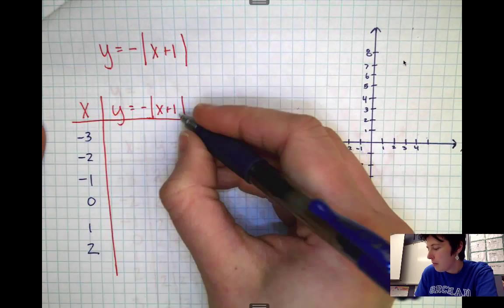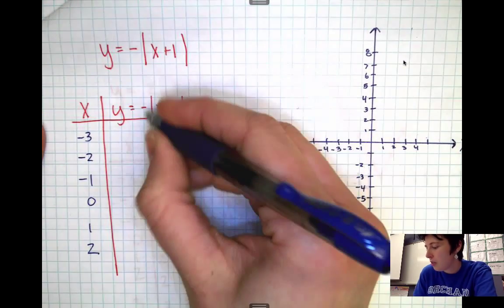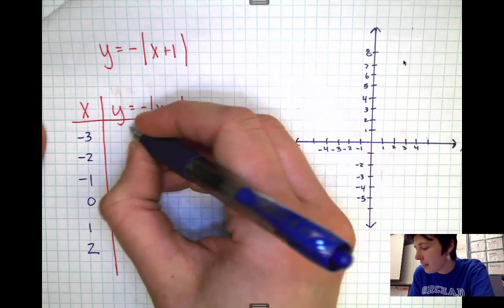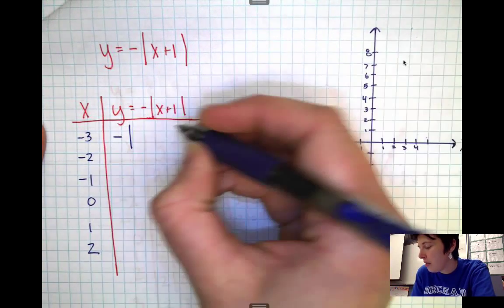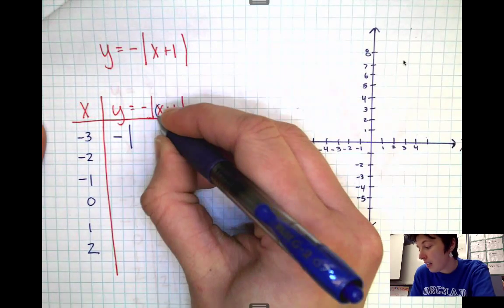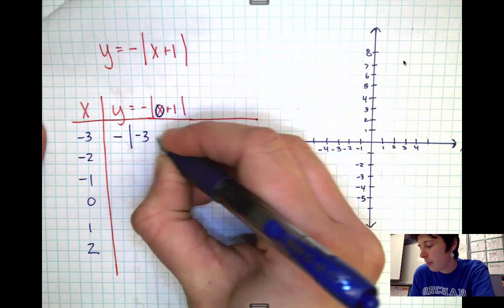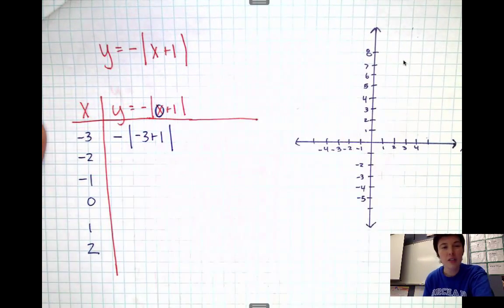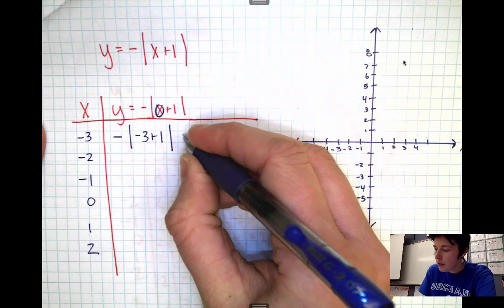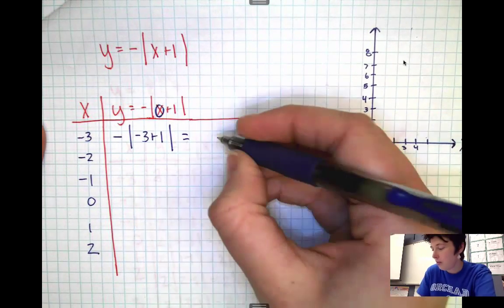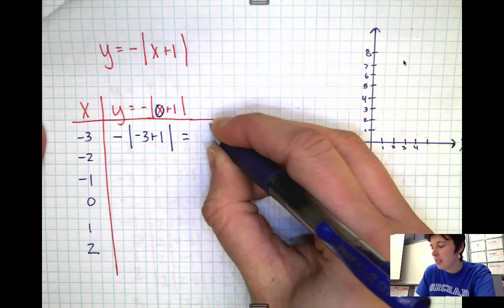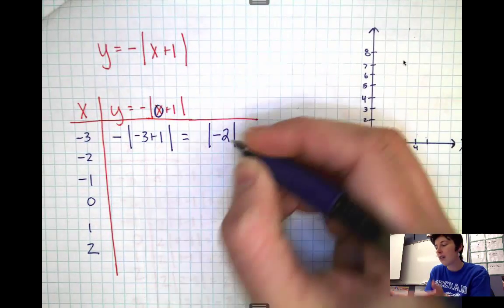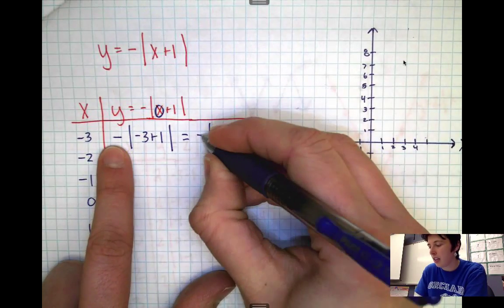Now for negative 3, I'm going to be placing it inside of this equation. So this one's a little bit trickier. It's a minus absolute value. And then I'm going to change the x into negative 3 plus 1. So let's go through that math. Negative 3 plus 1 is negative 2. So I get a negative 2, but it's inside the absolute value, and on the outside is still this minus sign.